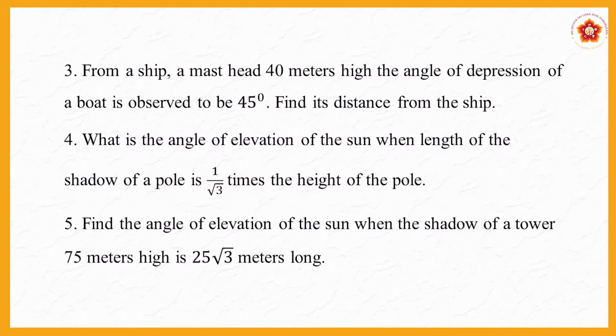The next, fifth problem: here also we have to find the angle of elevation of a tower. What they have given is that the tower is 75 meters in height, and the length of its shadow is 25 times root 3 meters. For this, I am going to draw a right angle triangle.